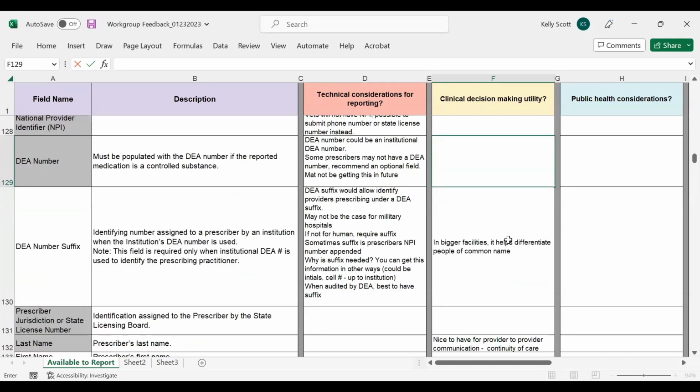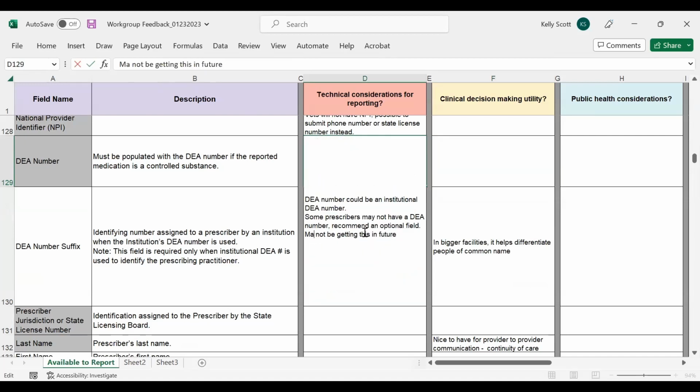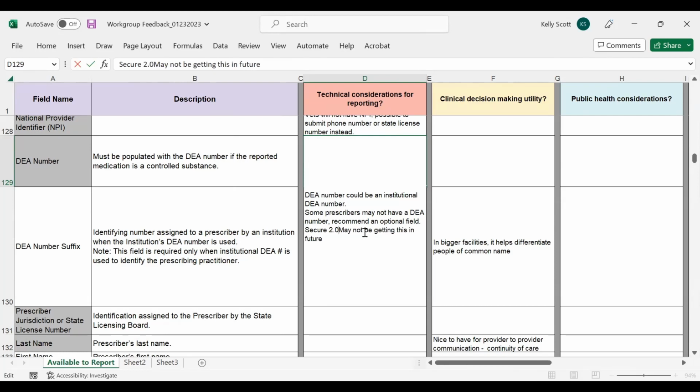Kevin, could you clarify what you just said? Excuse me, you caught me with my mouth full. It was late December, early January. Someone else is going to have to correct me, but I believe it was out of the Secure 2.0 Act or possibly another DEA ruling that they're not requiring the XDEA number any longer, but they are requiring providers to undergo something like 8 hours of training.